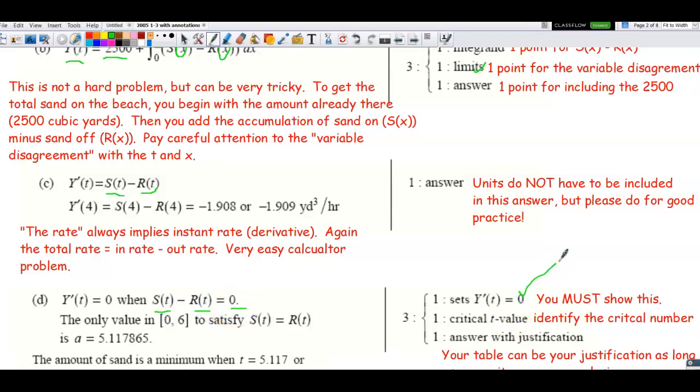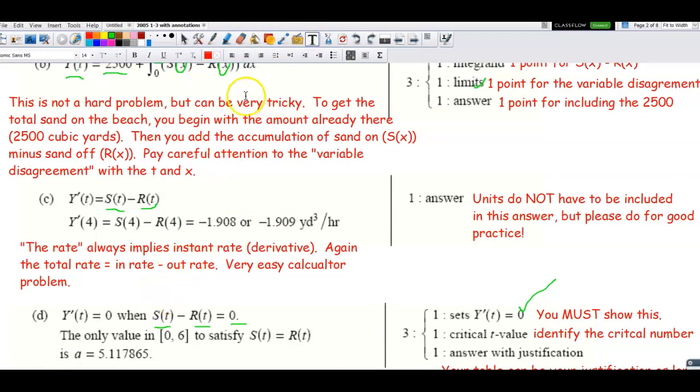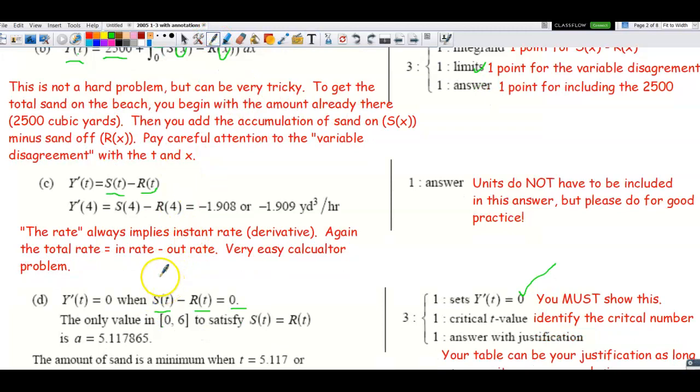just for doing that. Now, if on your calculator you had this in y1, which you likely did, and this in y2, which you likely did, then you go to y3, and you make y3 equal to y1 minus y2.